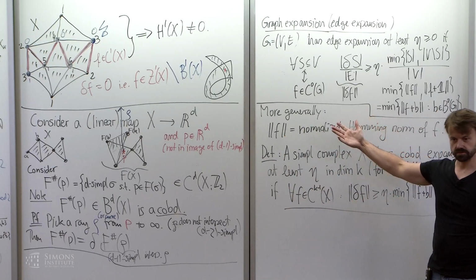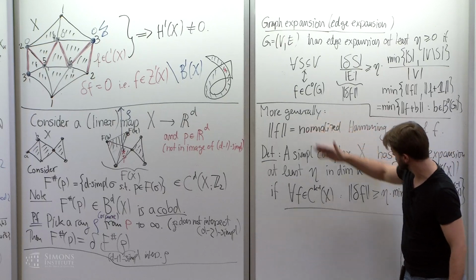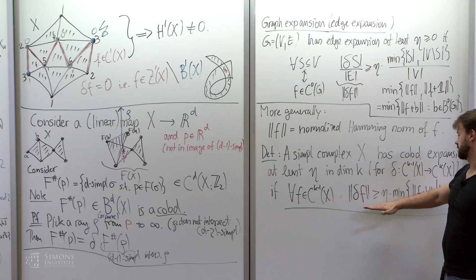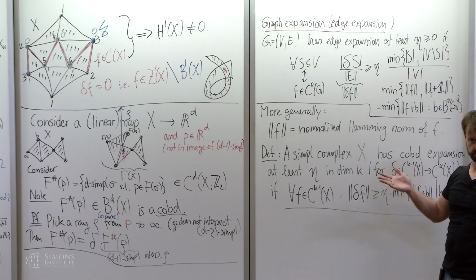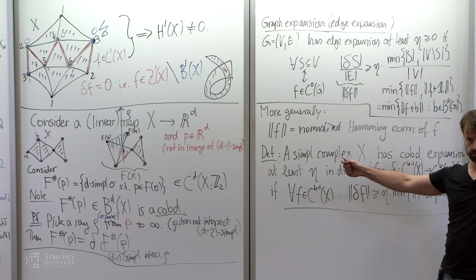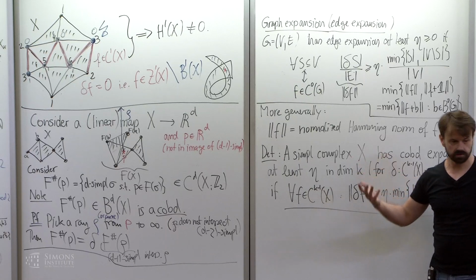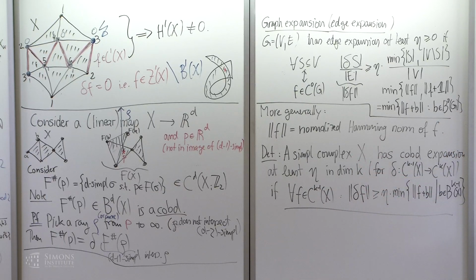Another way of saying it: if I take the standard Hamming norm, I count how many ones my cochain has, and I divide by the number of possible ones, which is just the number of simplices of that dimension. More generally, in the spirit of what we have been doing in the previous talks, you could assign some system of weights to the simplices of the dimension you're looking at, that sum up to 1. In other words, a probability distribution.